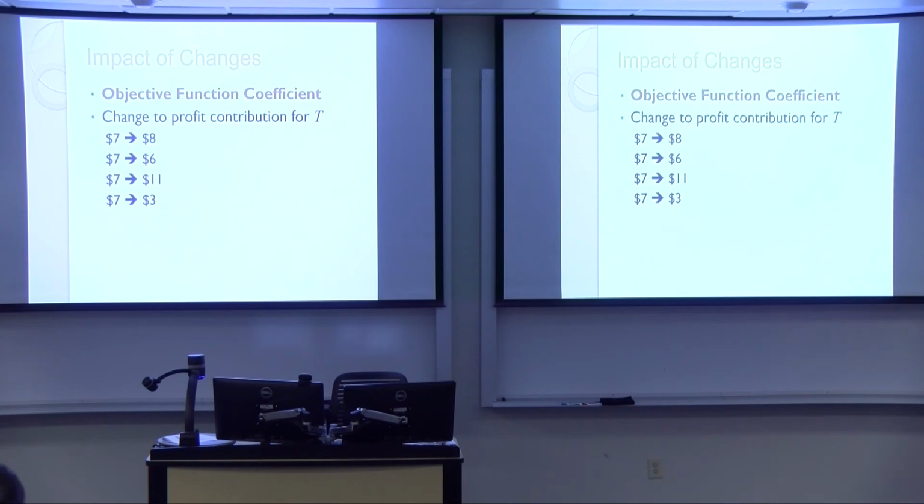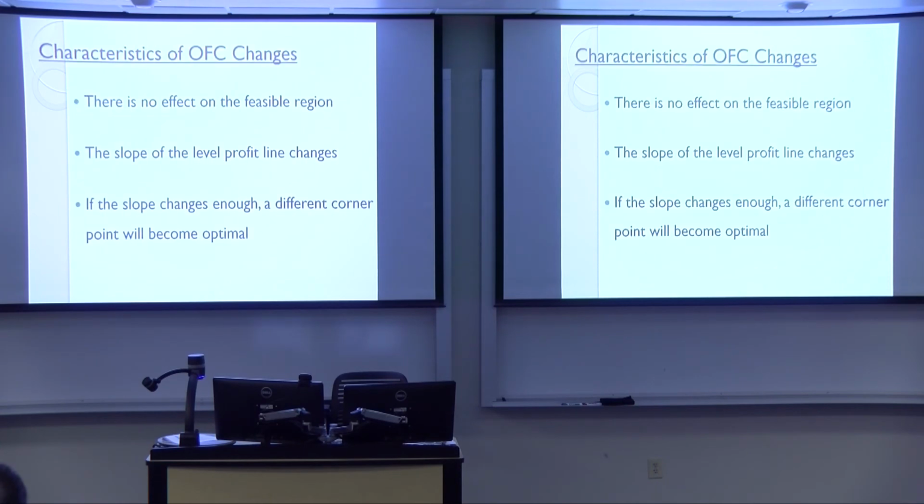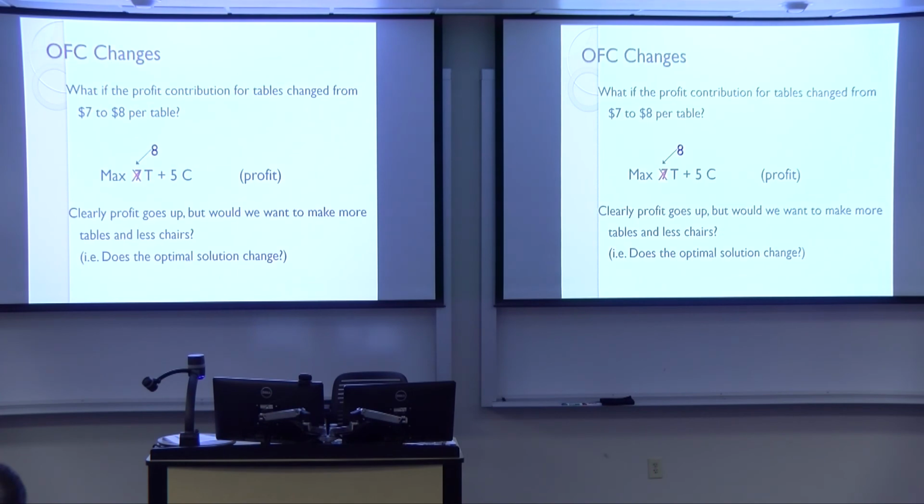If I change the profit contribution for the table from 7 to 8, or 6, or 11, or 3, what will change? If I change this 75C to 85C because my profit margin increases, do you think the optimal solution will change?